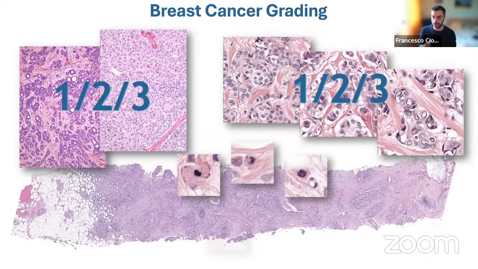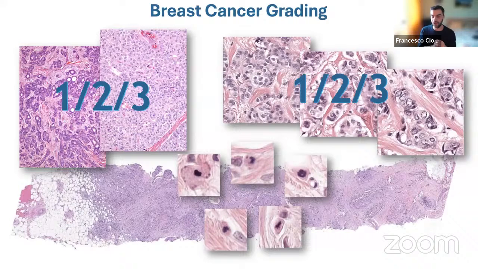And then there is a third component, which is mitotic count, and mitosis is one of the phases of proliferating cells, in this case tumor cells. So they duplicate, and then at some point in this process, they have the mitotic phase, which makes tumor cells look a bit like this. So you see, they look different from these other ones. They are darker, they are more irregular in shape.